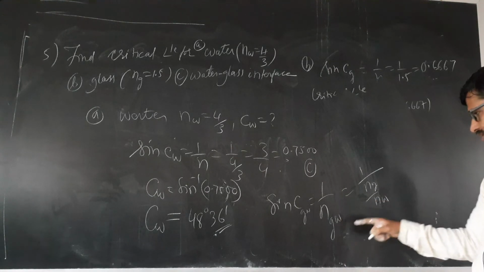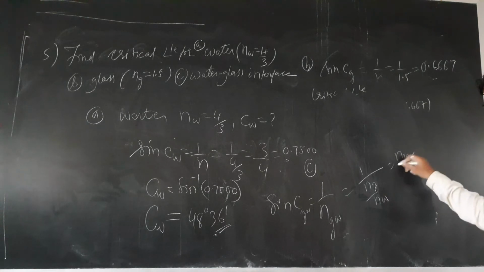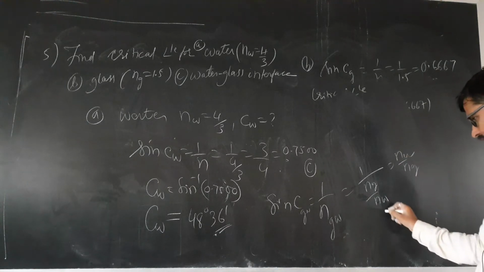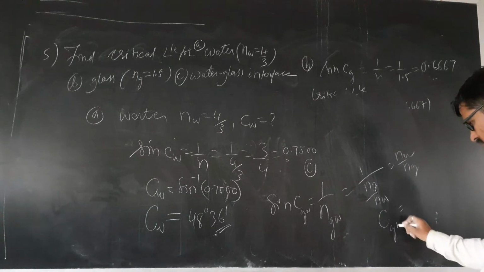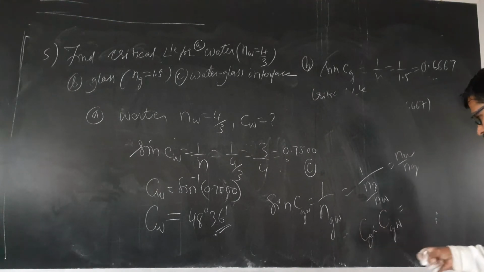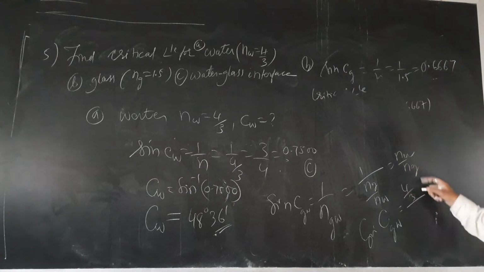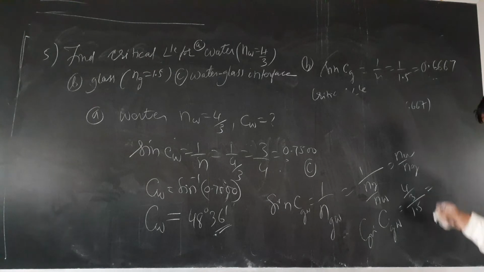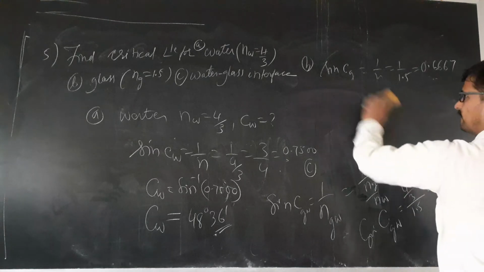Relative refractive index is the ratio of absolute refractive indices, so sin C_gw is equal to n_w upon n_g, which is 4/3 upon 1.5, so it will be 4/4.5. Let us check this answer.